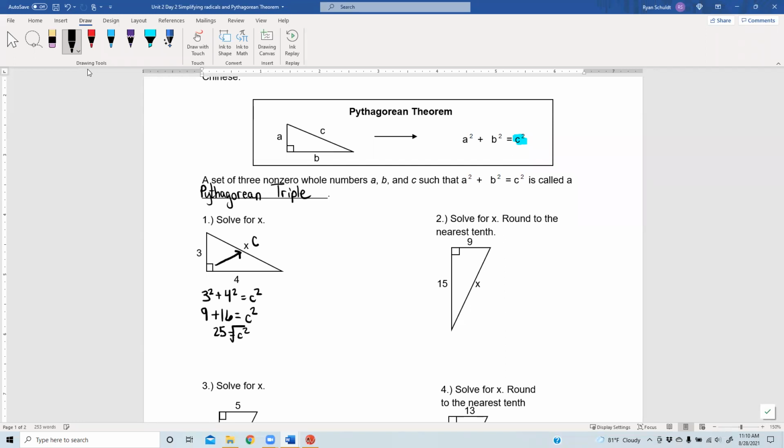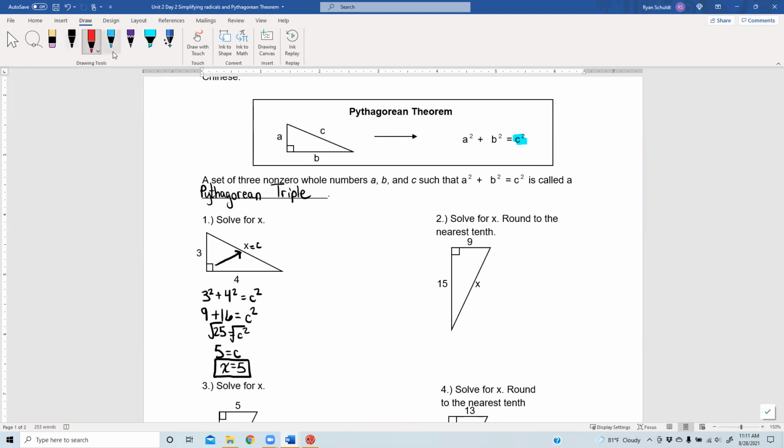So then I'll take the square root of 25 and I get 5 for C. So that means X, because really I should have used X here, that means X equals 5. Like, wait a minute, you had C, then you had X. Well, yes, X is my C. So yes, X is 5.